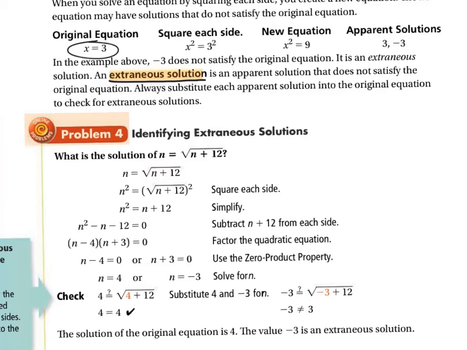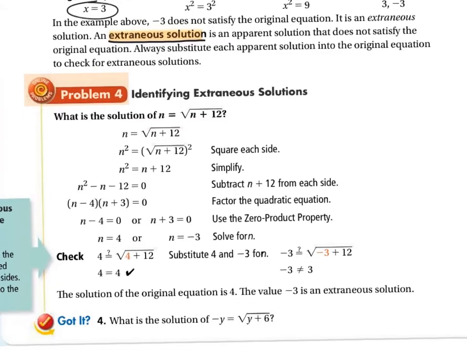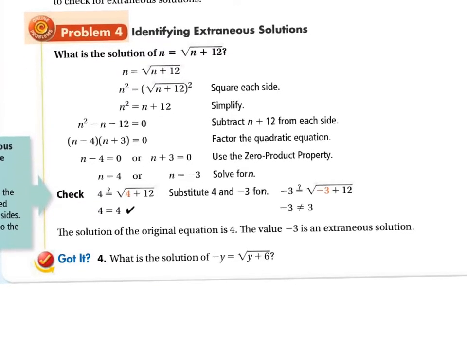If you look at problem 4, there's an example with this extraneous solution. It's always good to check your answers if you have time, but basically, the problems where we don't have a variable that's squared, and then by squaring both sides we get a variable that's squared, that's where we're going to get an extraneous solution.